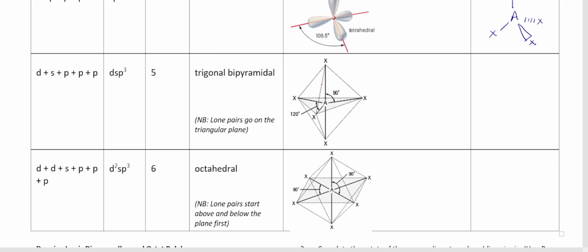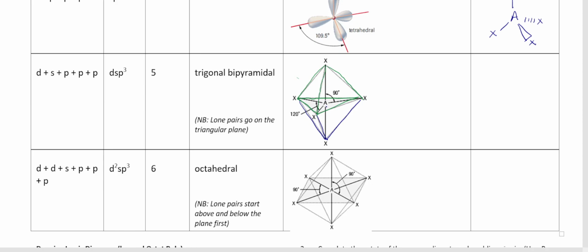The reason it's called trigonal bipyramidal is because there is a triangular based pyramid on the top. You can see this right here, and there's also a triangular based pyramid on the bottom. So it's bipyramidal, 2 pyramids, one on the top, one on the bottom, and the central atom is in the middle.